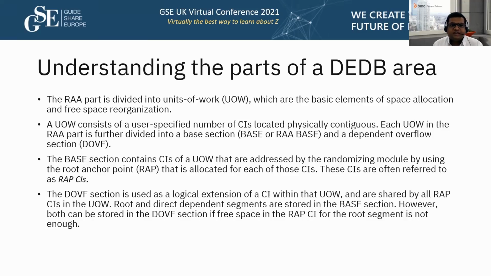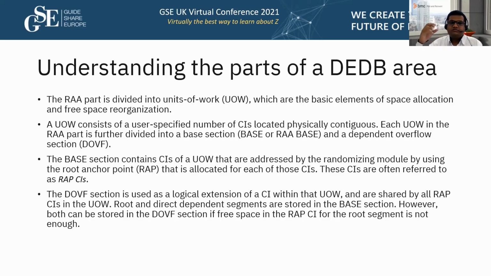As I mentioned, this RAA part is the basic unit of overflow, and this is the basic unit of your free space reorganization. When you look at the VSAM ESDS, all those RAA and DOVF parts are called one unit of work, which is the unit of work for any vendor utilities when they process certain data.